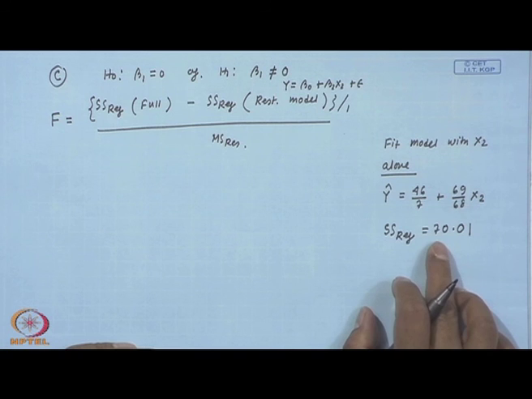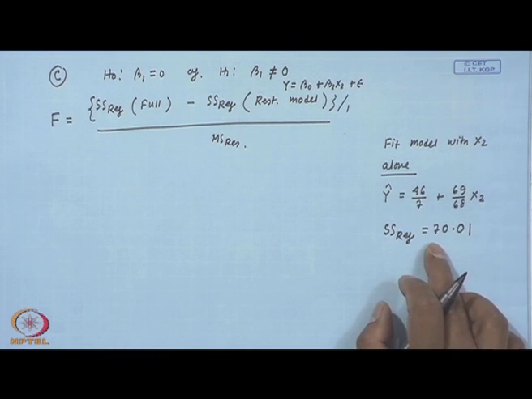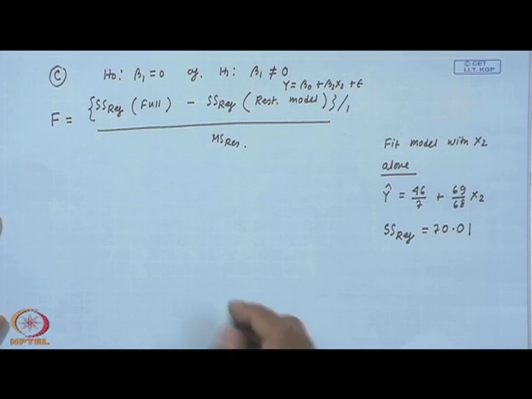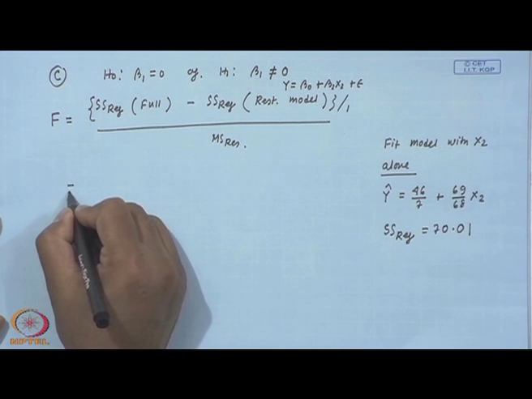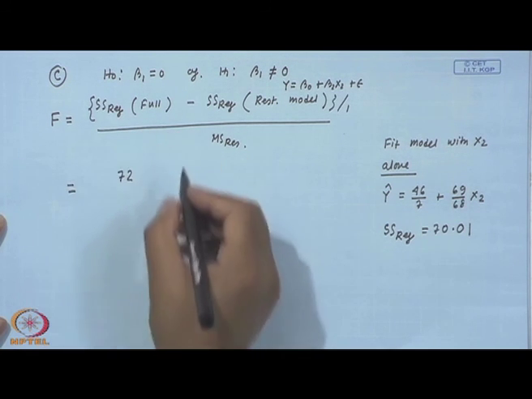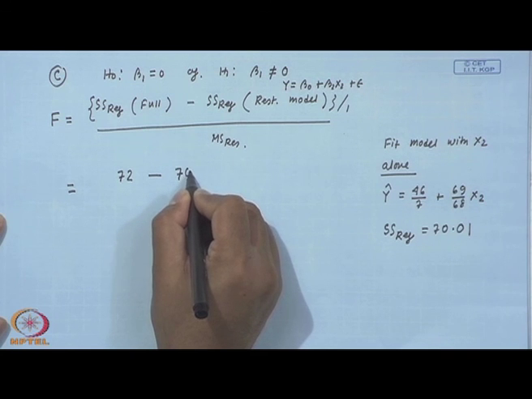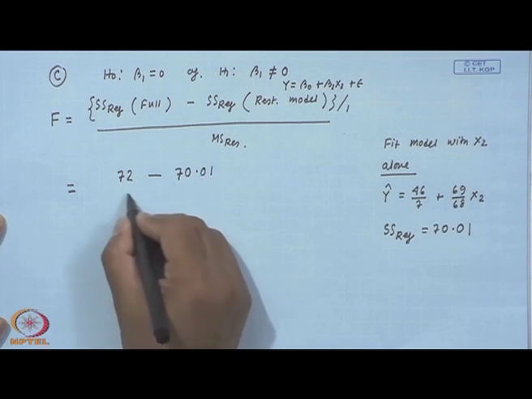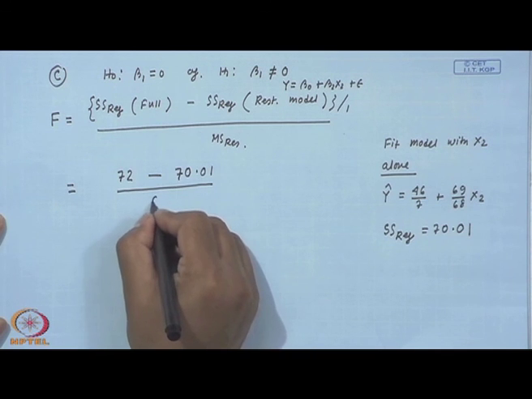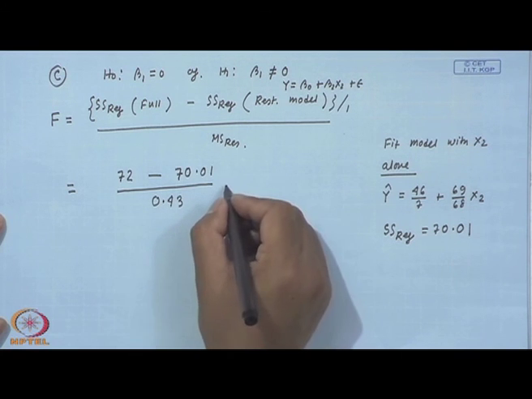Okay. So, this one is greater than the SS regression we got for the model with x 1 alone, that was 64. Anyway, so this one is equal to the 72 is SS regression for the full model, and this one is 70.01 by MS residual, we know that is 0.43. Okay.